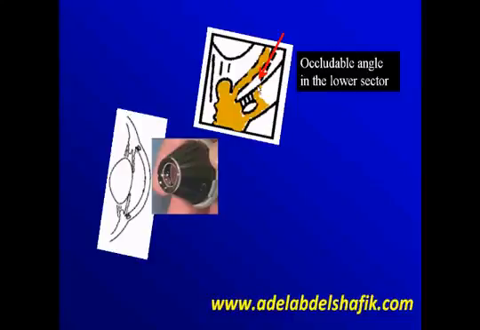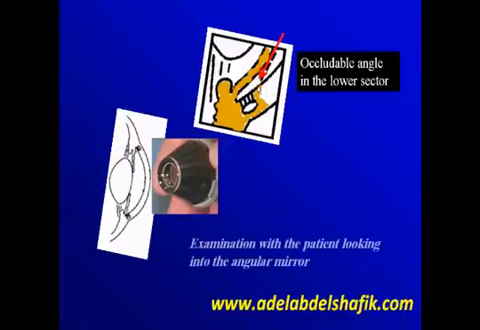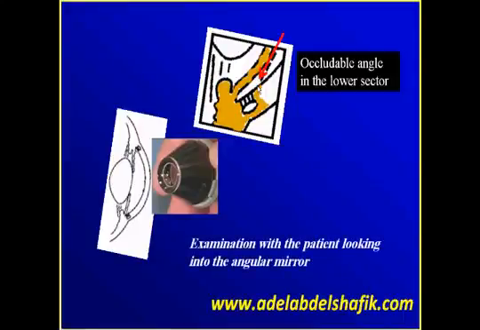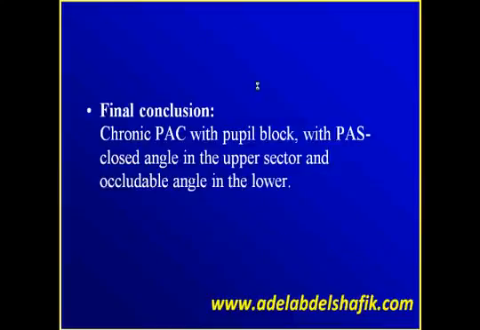This is much easier to do with the one mirror Goldmann rather than with the Posner lens, because the one mirror Goldmann keeps the eye steady, so you can see a better image, while with the Posner, the eye of the patient is free to move and the visibility will be difficult. So this is the case when you ask the patient to look toward the mirror.